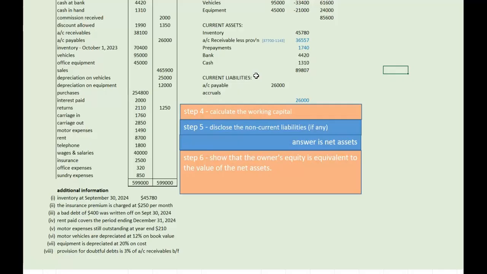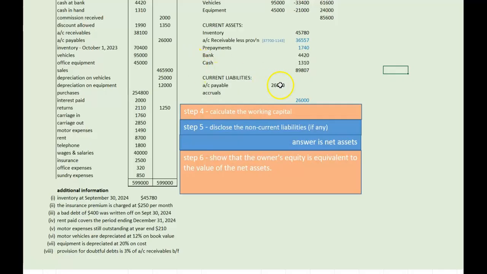But I'm going to go down one step further, and I'm going to do something called working capital. All right, so the accruals, we had that we owed $500 on the insurance and $210 on the motor expenses.